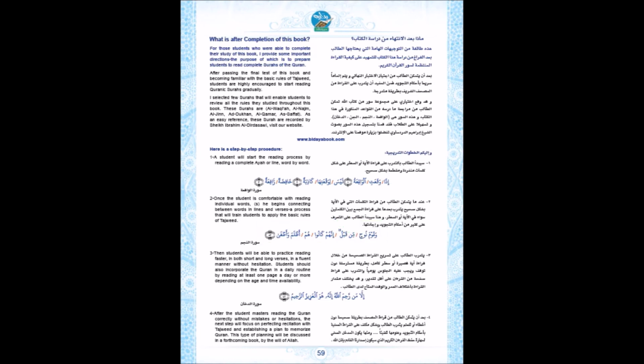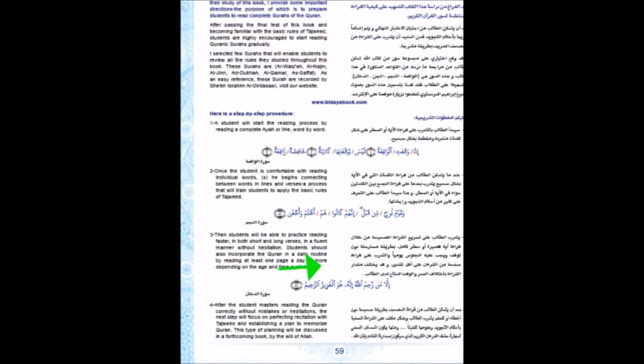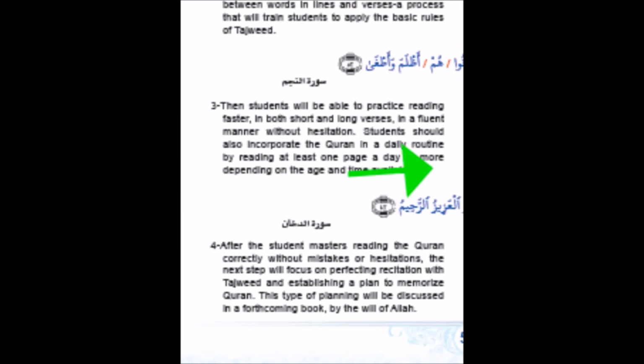And then finally, at the bottom of this page, we have a selection from Surah Al-Dukhan, which is a complete ayah. And this ayah is relatively simple, not too complicated, and it's for the student to practice reading, inshallah. You can see here, after the student masters reading the Quran correctly without mistakes or hesitations, the next step will focus on perfecting recitation.